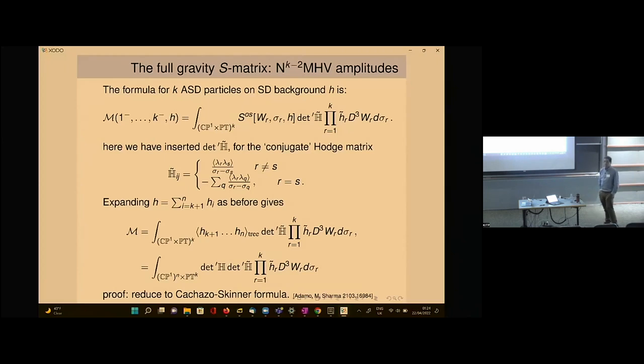Thanks. So I've exposed the fact that you've got three extra integrals per particle. And there's also an extra fudge factor, another reduced determinant in the higher MHV degree version.